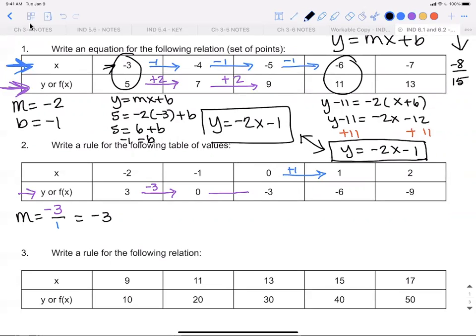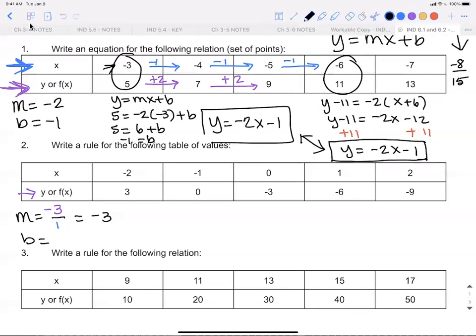Now this one is kind of nice. I'm going to erase my little slope arrows here. What is unique about intercepts? If you guys remember, think back to 5-1. The X-intercept would have an X, but Y would be 0.